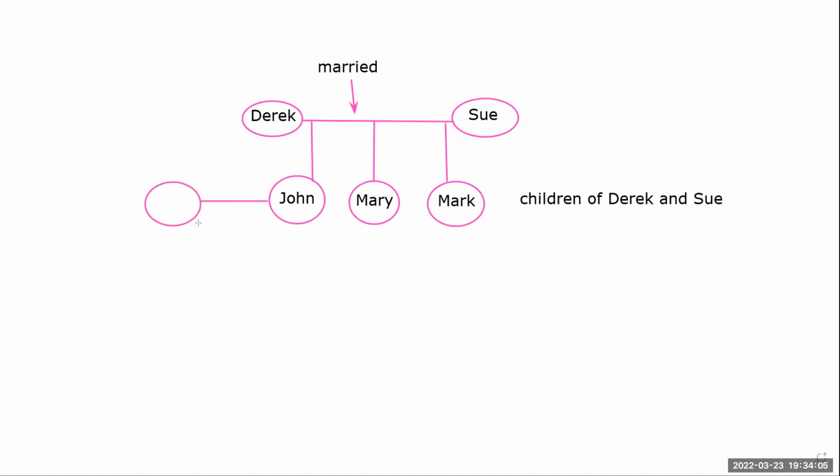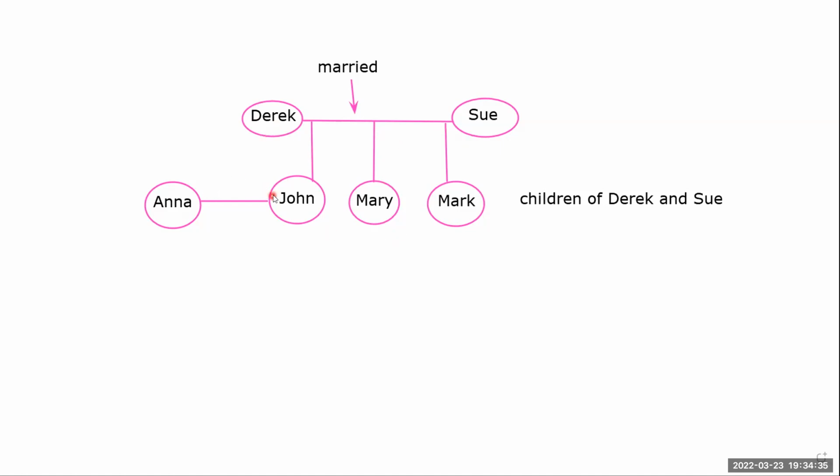John's wife, we can give her the name Anna. So we have Derek and Sue who had 3 children, John, Mary, and Mark. And we know that they are the 3 children because the lines are coming directly from Derek and Sue.